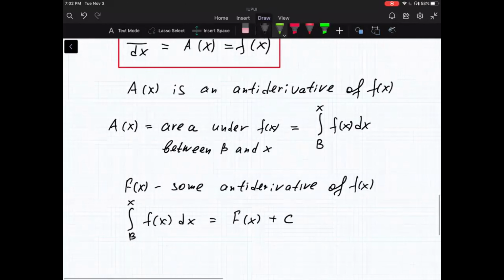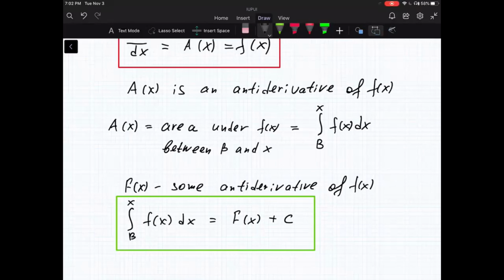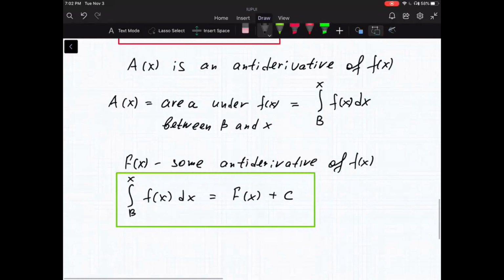And so we get this important formula, which is almost the fundamental theorem of calculus.